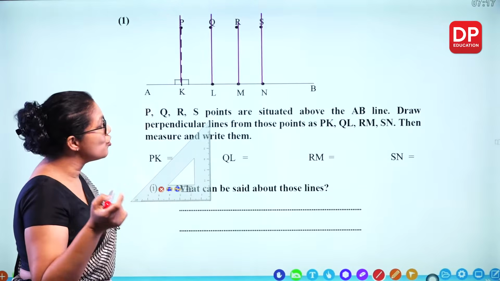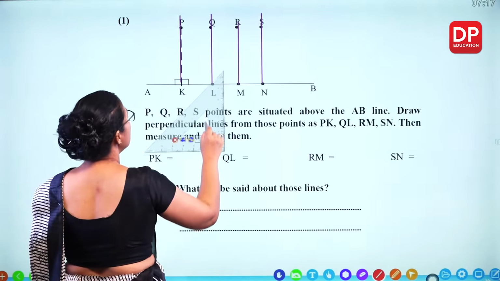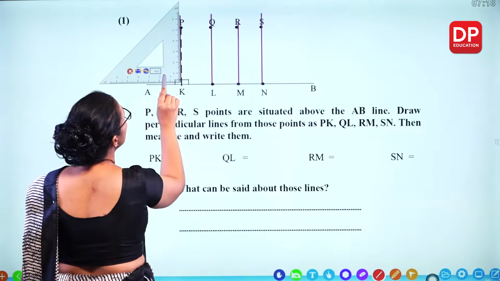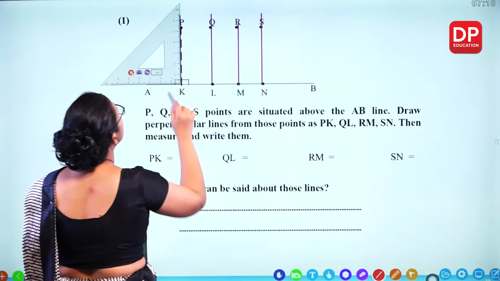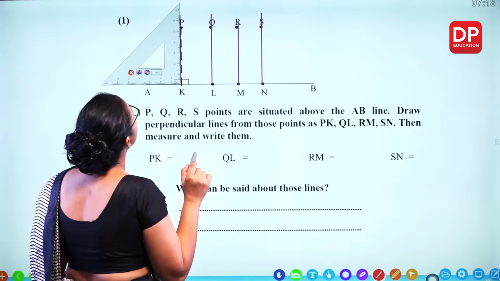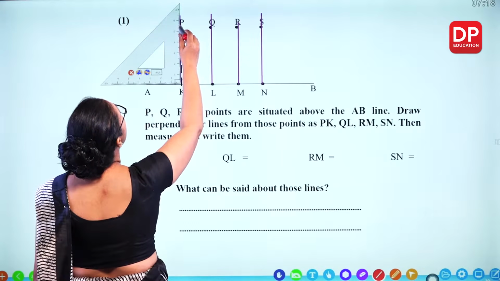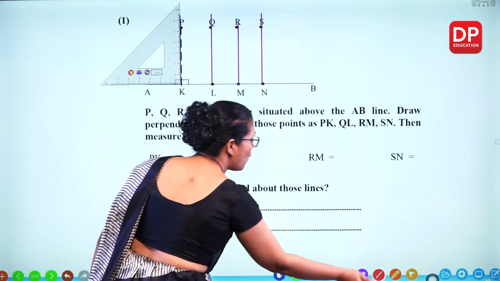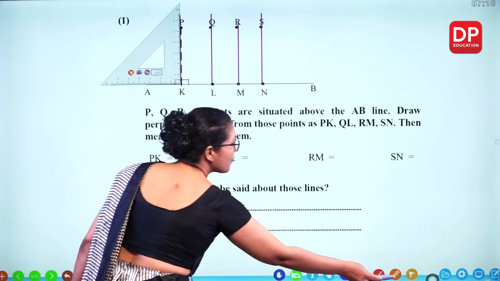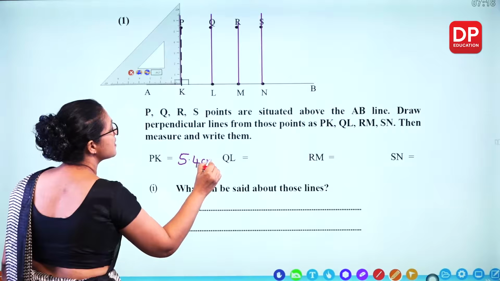Now you have to measure the lengths. We can use the set square. Starting from here, I see up to this point, 5.4 centimeters.